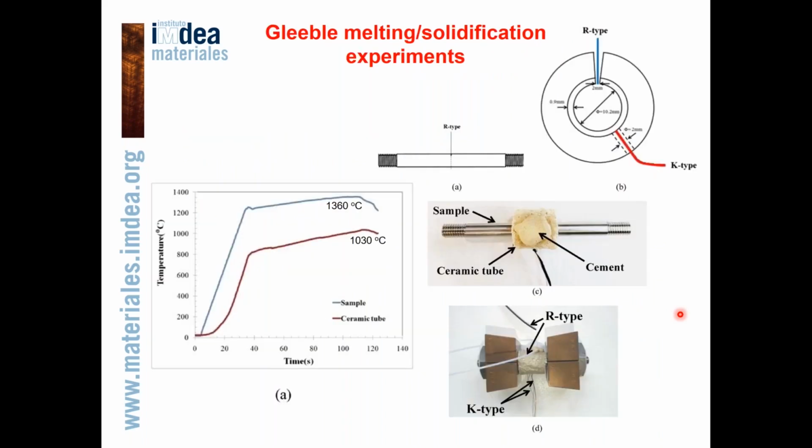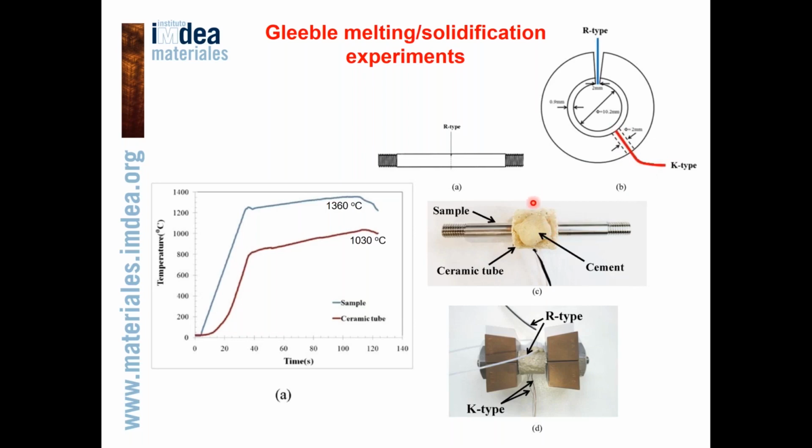To try to solve this problem, we have developed the physical simulation tool, where we use the same geometry and the same ceramic tubes made of the same material, which is used for manufacturing real ceramic shells for the real investment casting process. In these tubes, we drill a hole and place a thermocouple in the midsection.